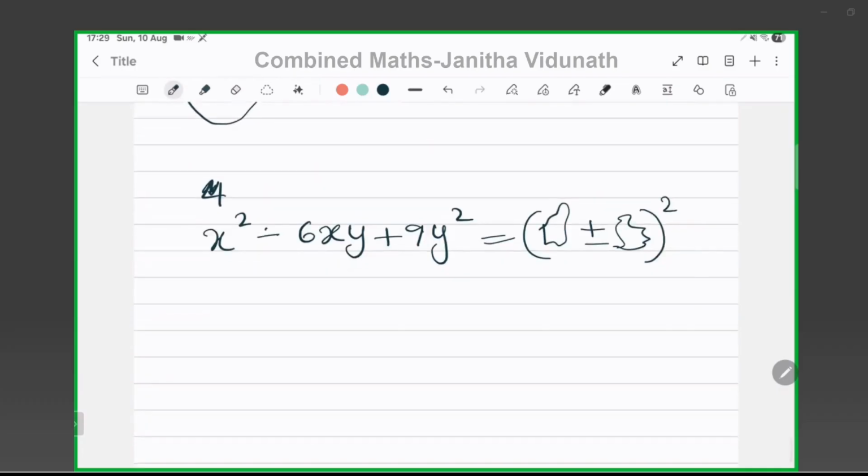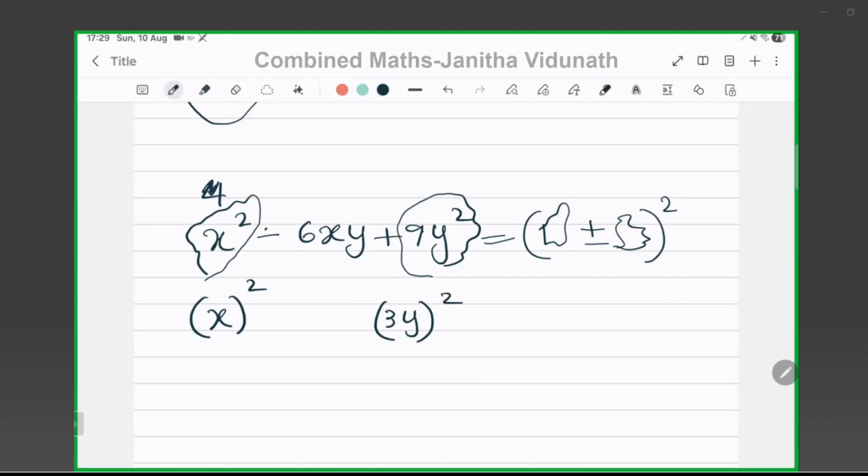We need to first check whether there are two square terms. Simply we can see that this is x square and this is the square term of (3y) whole square.